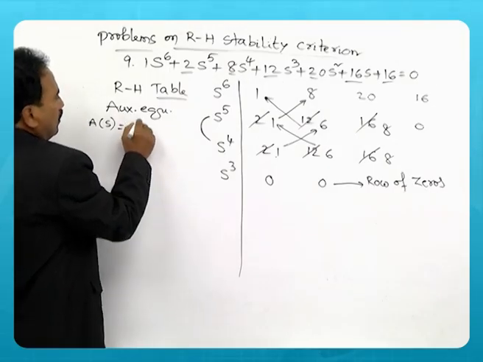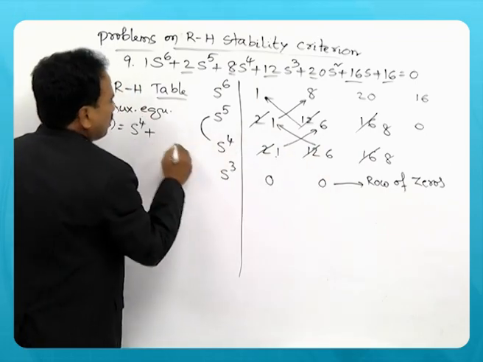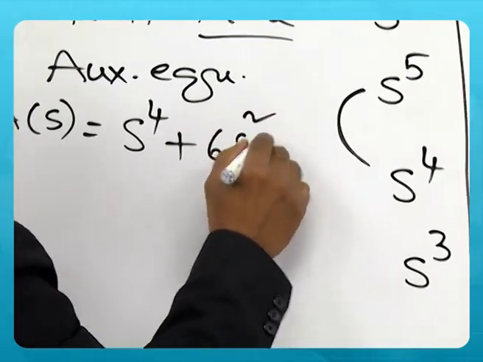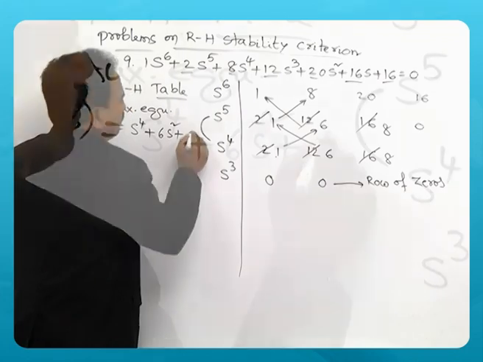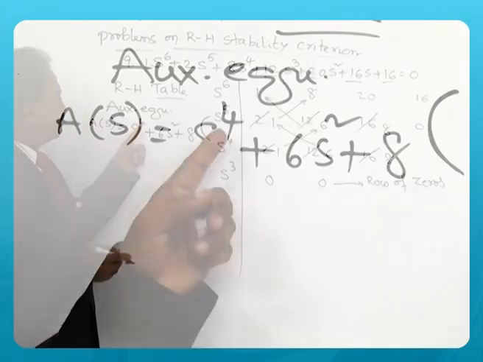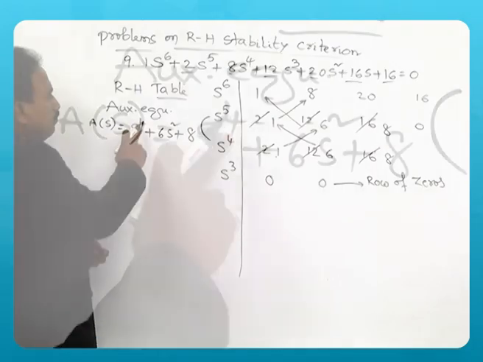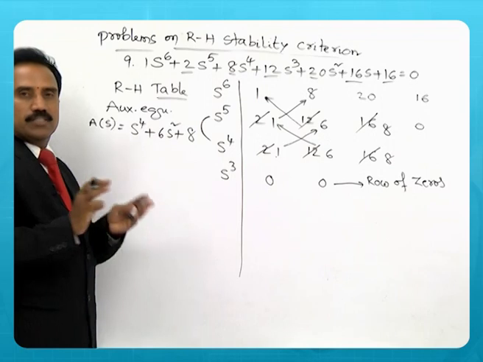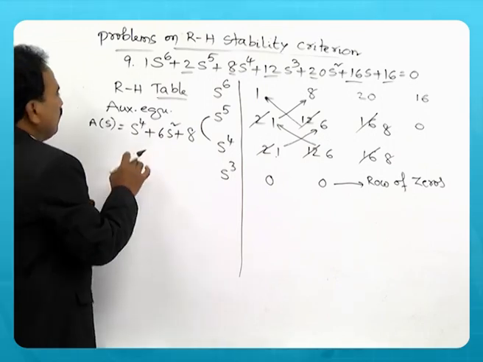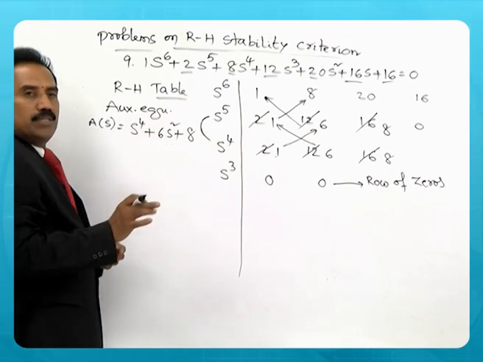So s power 4 plus 6 s square plus 8. This is the auxiliary equation. You can see that it is an even polynomial. Only even power coefficients exist. Now the poles or roots of this equation will be symmetric.